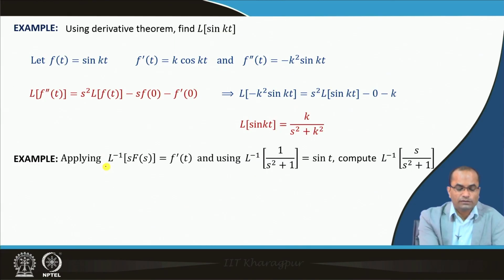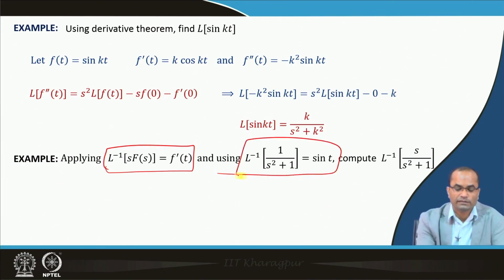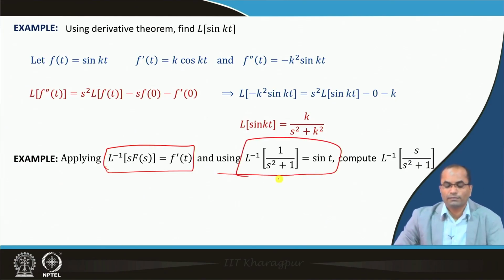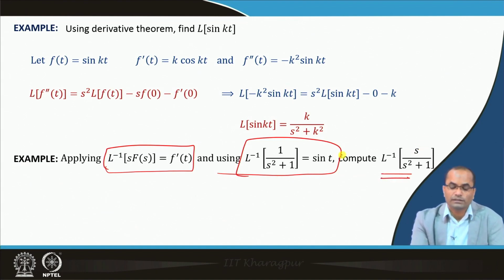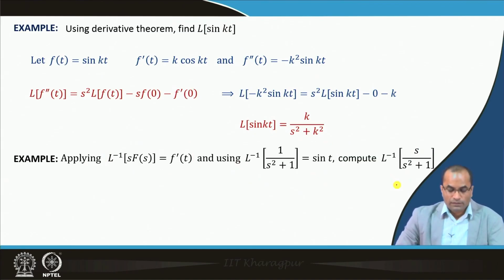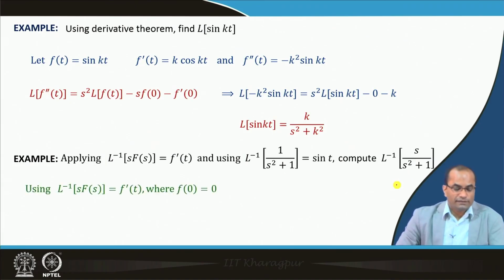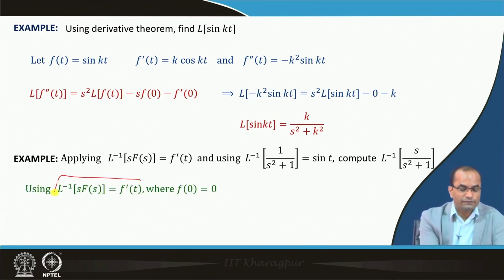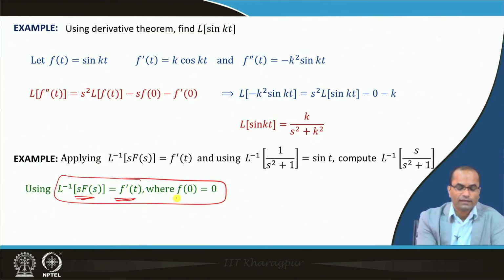Applying this, the inverse Laplace of s F(s) is f prime(t), and using the result that the inverse Laplace of 1 over s squared plus 1 is sin t, we want to find, for instance, the inverse Laplace if we multiply by s, that means s over s squared plus 1, using the idea of this derivative theorem. From the derivative theorem we know that the inverse Laplace of s F(s) is f prime(t), and this is valid when f(0) is 0.